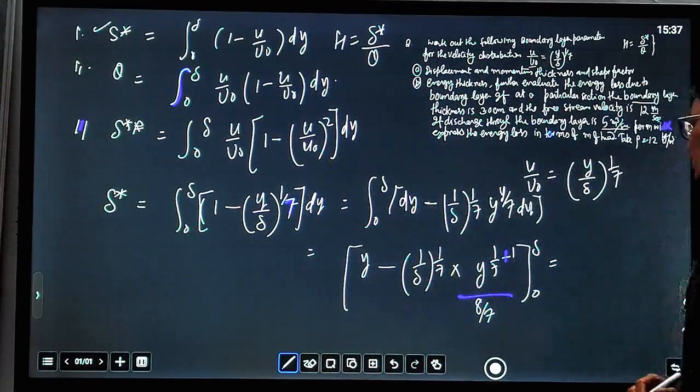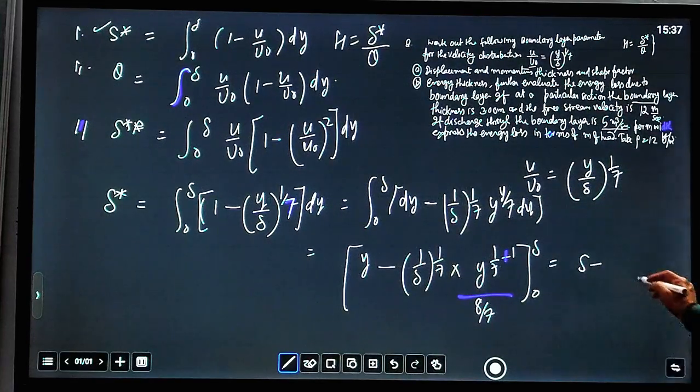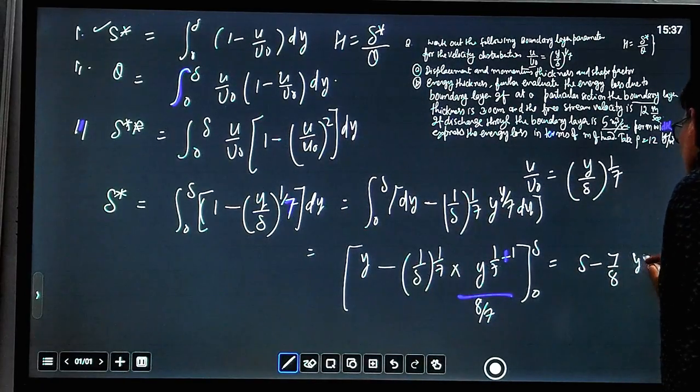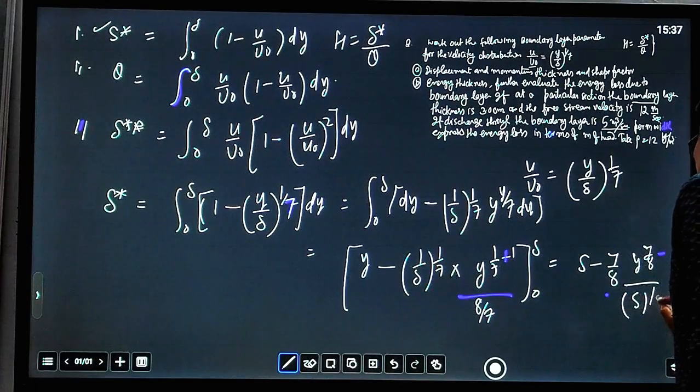That will be equal to del minus 7 by 8 times... if you calculate, we get y to power 8 by 7 times 7 by 8, and that is 1 upon del to power 1 by 7, and here we put limit 0 to del.